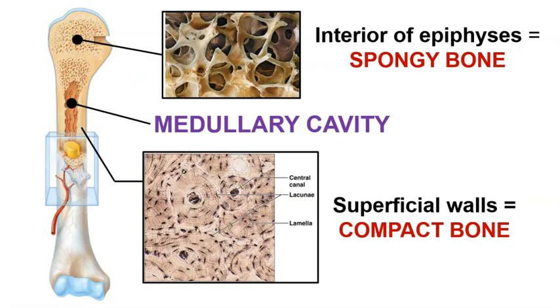The interiors of the epiphyses usually contain spongy bone, while the interior of the diaphysis, as I mentioned previously, contains very little spongy bone. The interior of the diaphysis contains a cavity that's called the medullary cavity, which typically contains yellow bone marrow. Although in this diagram most of that yellow marrow has been removed so that the cavity is more easily seen.